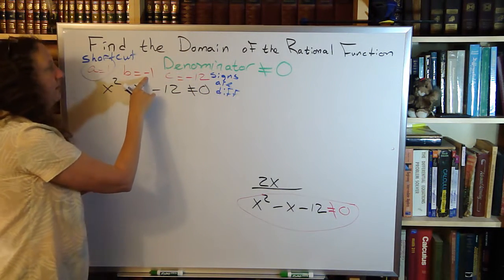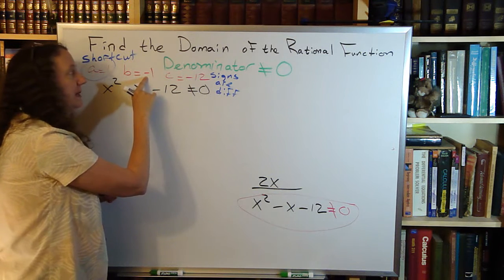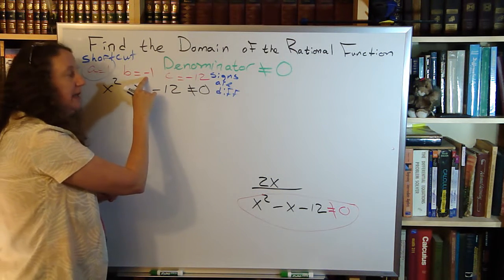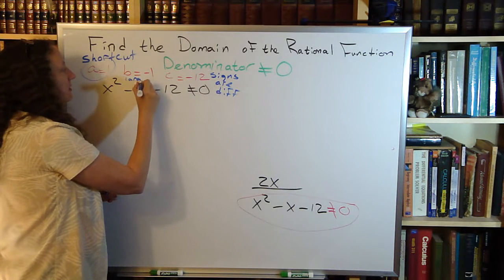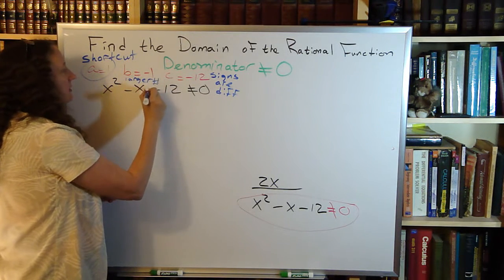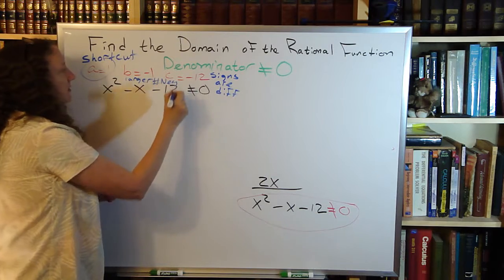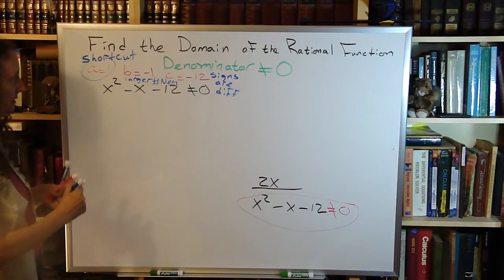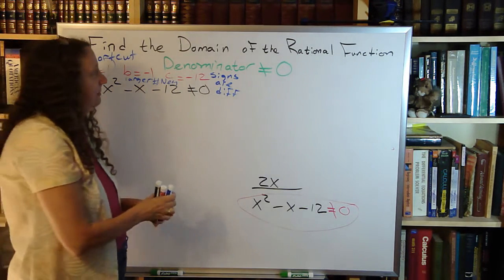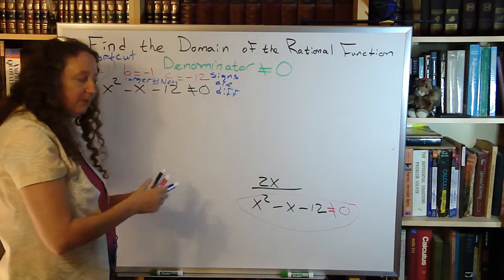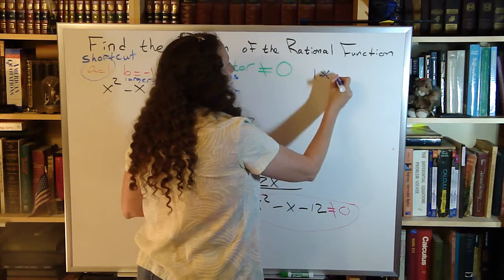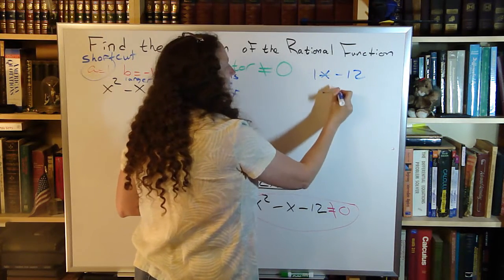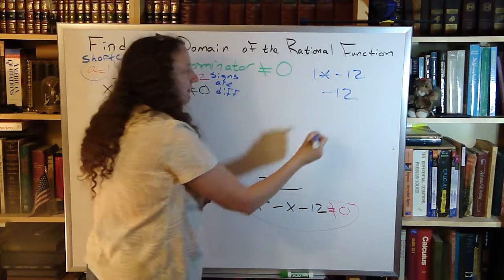I see that b is negative, so that tells me that the larger number is going to be negative. So now I'm taking my a times c, so 1 times negative 12, gives me negative 12, and I factor that.